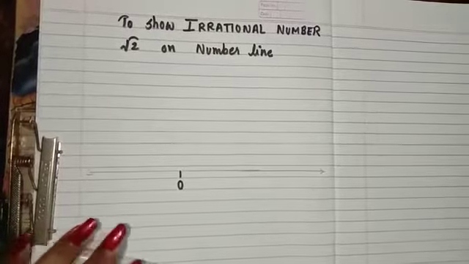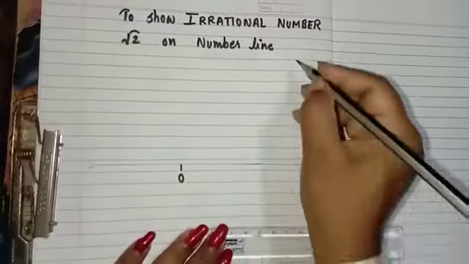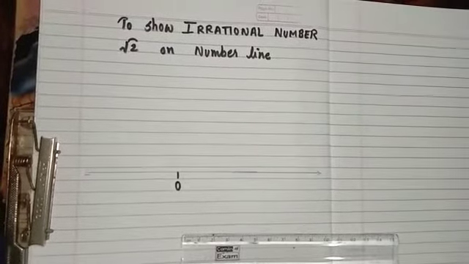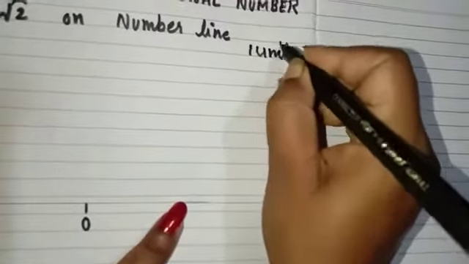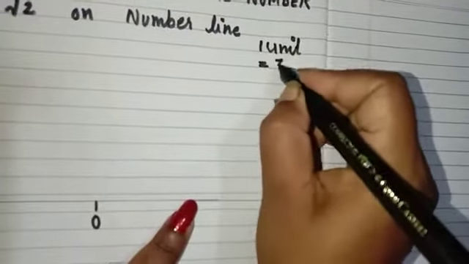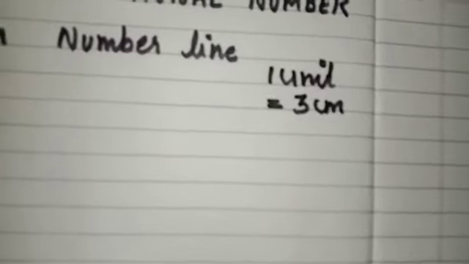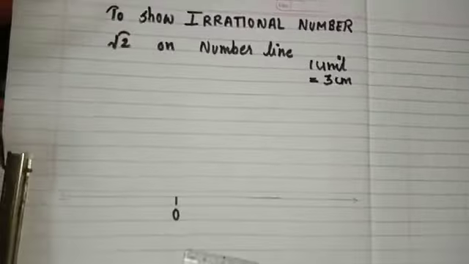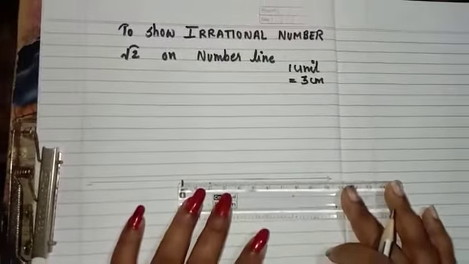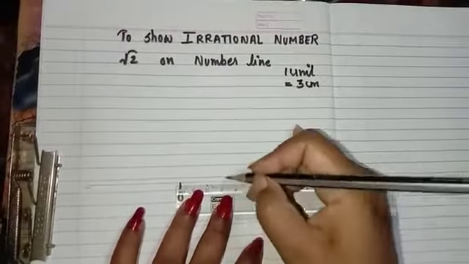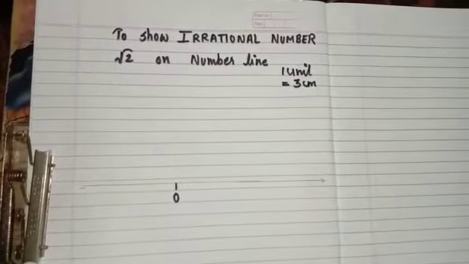So we are going to take 1 unit as 3 centimeters. This means the distance from 0 to 1 we consider 1 unit, and here we write 1.